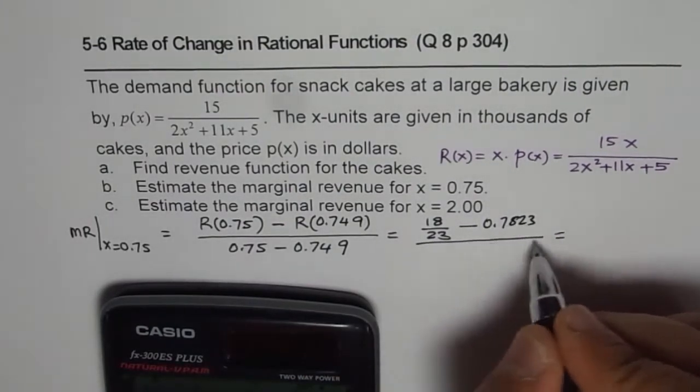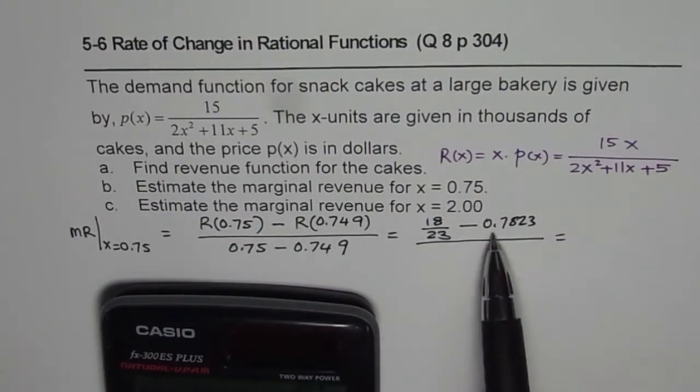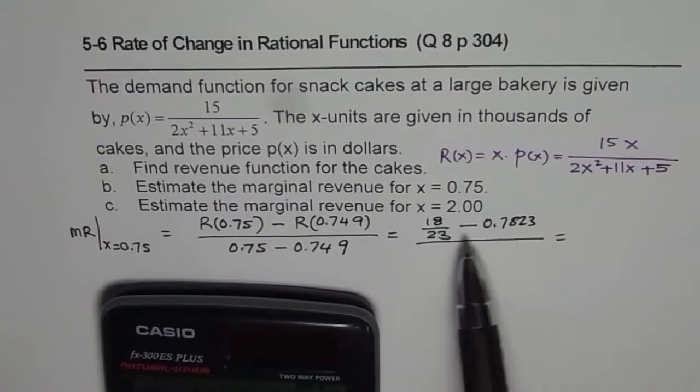So let me take the difference of the numerator first, right? I already have this approximate figure. From it I'll subtract 18 divided by 23, bracket close, equals, and I'll write with the negative sign, right?